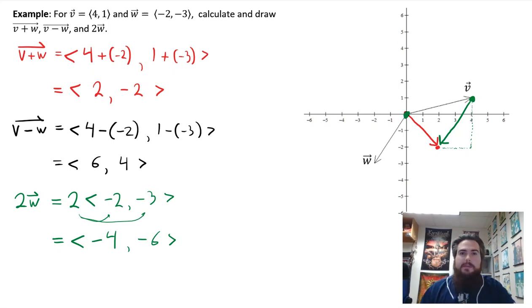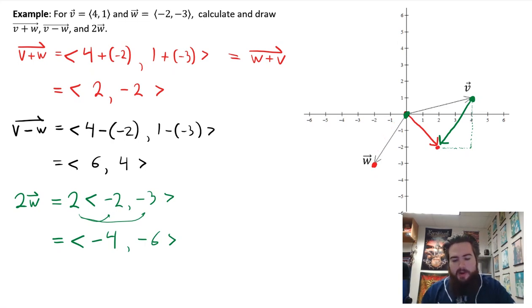Note as well that v plus w would also be the same thing as w plus v. And we can demonstrate that geometrically as if you walk along the w vector first, and then once you get to the terminal point of w, you then start to go based on the direction and orientation of v.